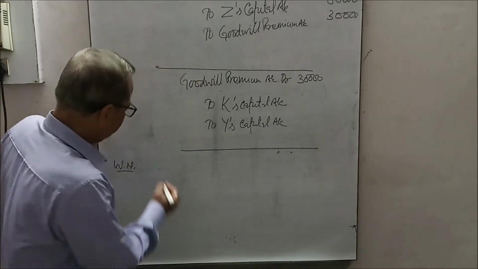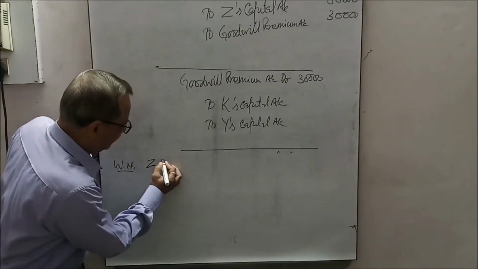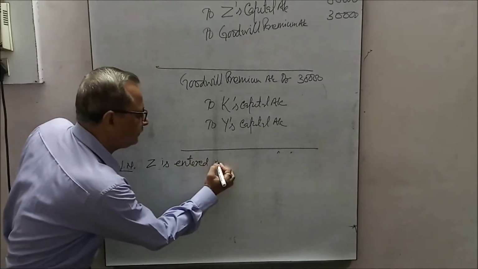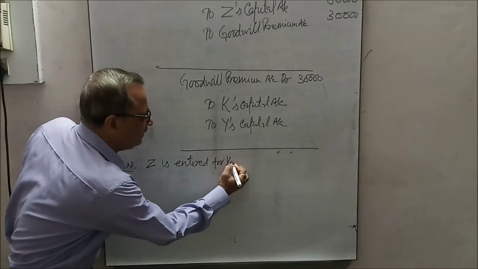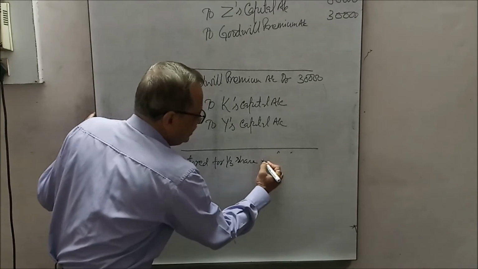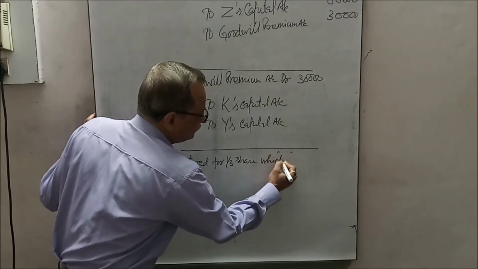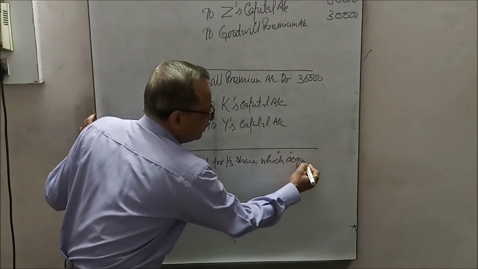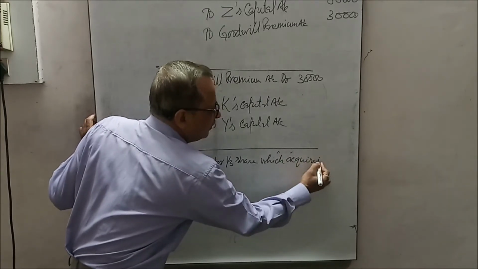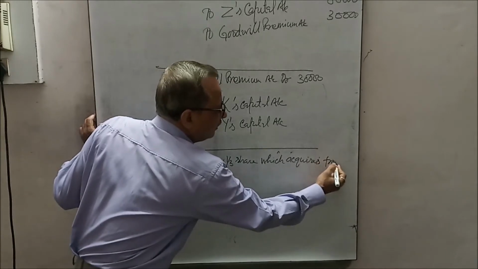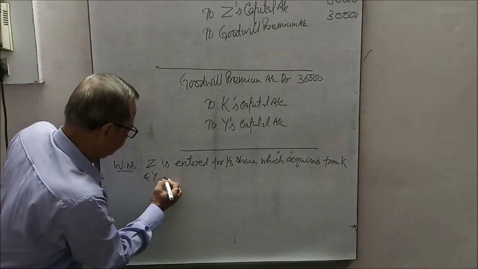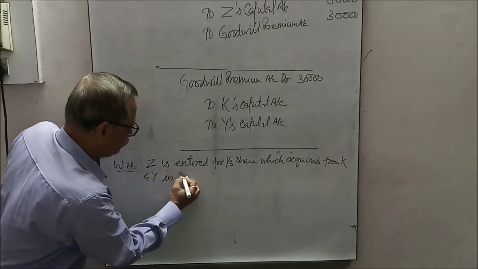As it is given, Z entered the firm for 1/3 share, which he acquires from K and Y in 2:3 ratio.